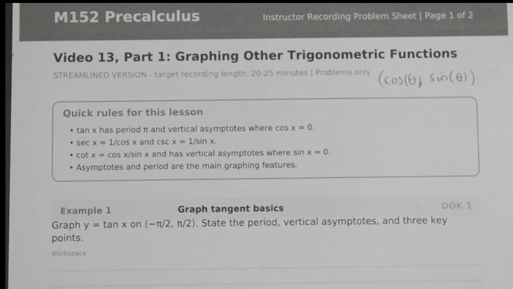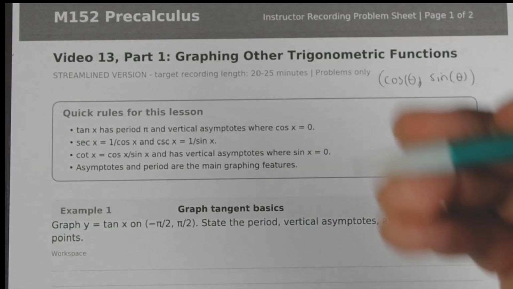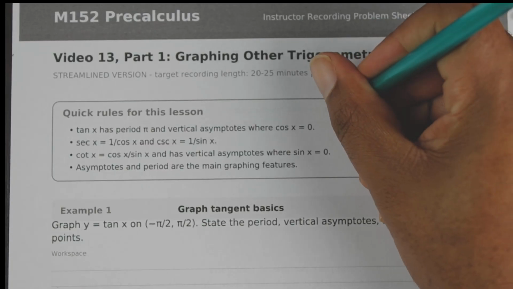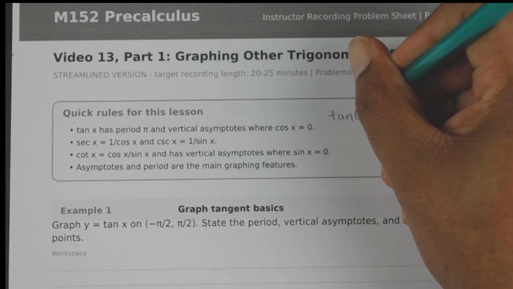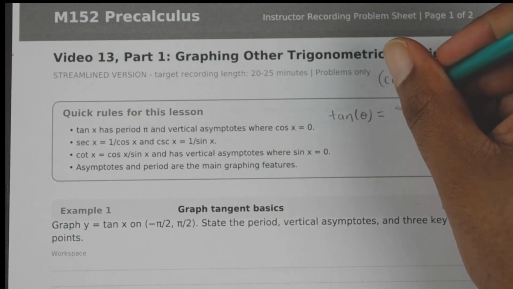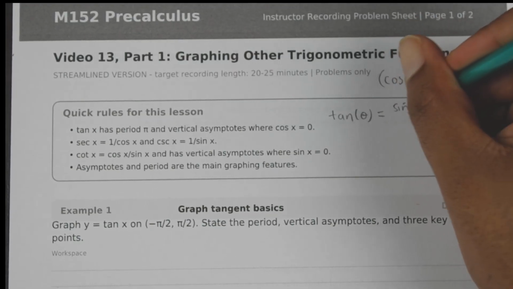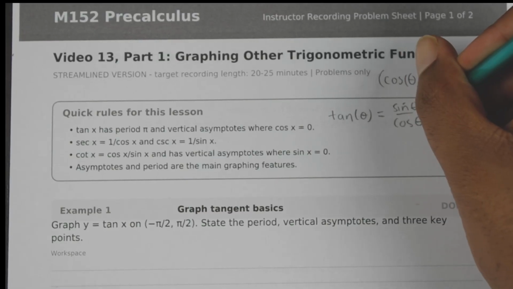So first of all, we need to begin with the quick rules. Tan x has a period pi and the vertical asymptotes where the cosine of x equals 0. And we say that because tan theta is equal to sine theta divided by cosine theta.